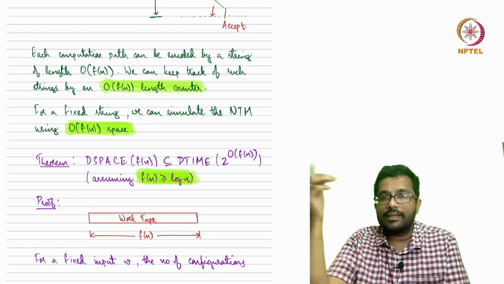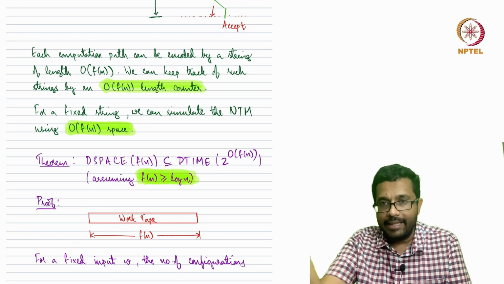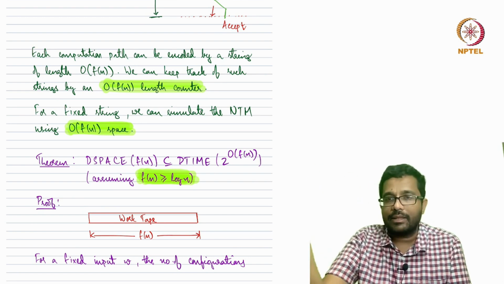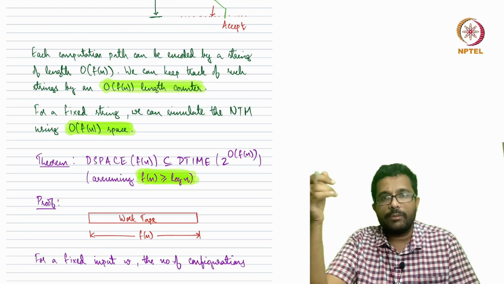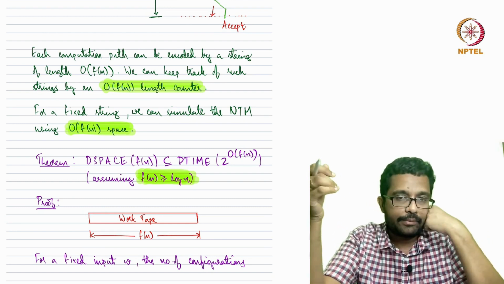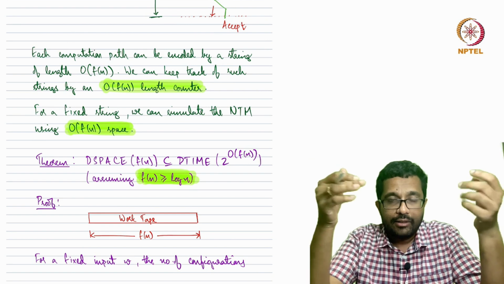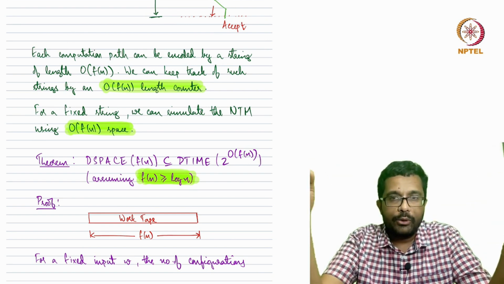But let's say we need to look at the 10th symbol of the input or the nth symbol of the input or the n minus 10th symbol. Then we need a counter to keep track of where we are. The Turing machine doesn't automatically give us a counter, so we need to have one. The counter will range from 1 to n, which means it needs log n bits to store.